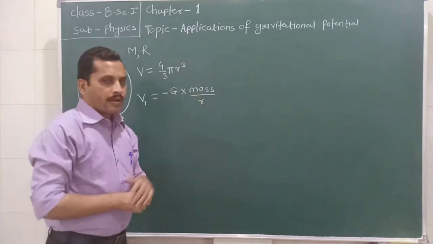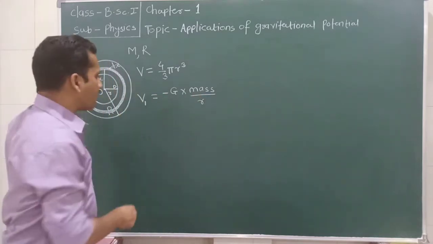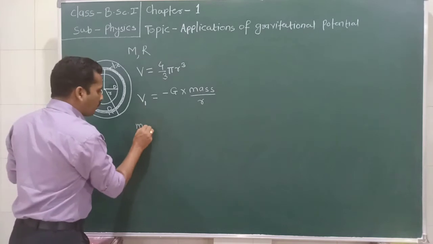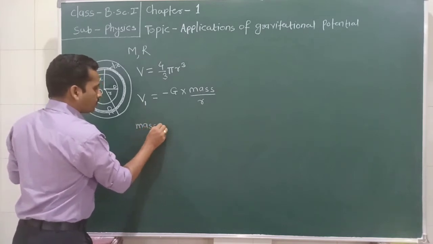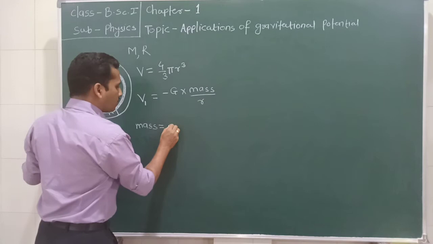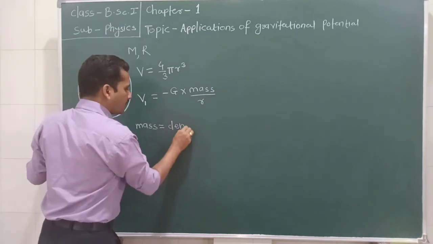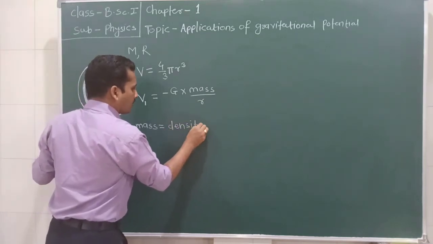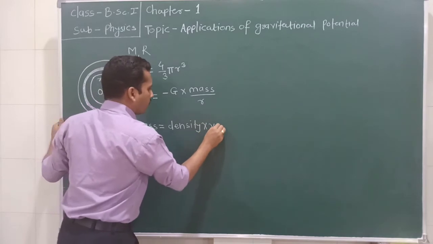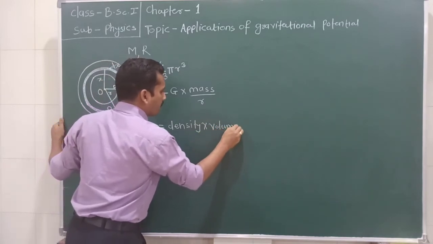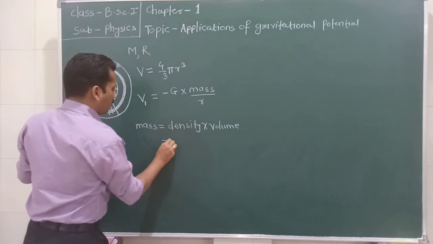So how can we find the mass? We know that mass is equal to density multiplied by volume.